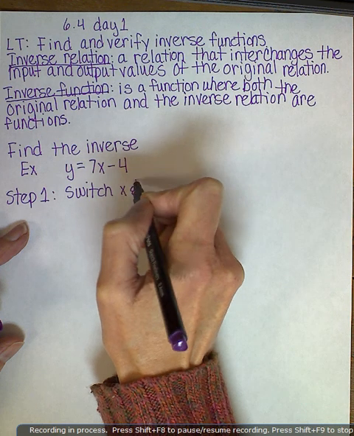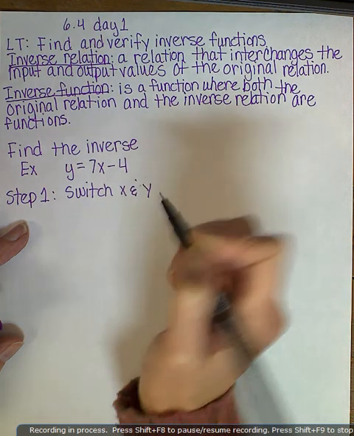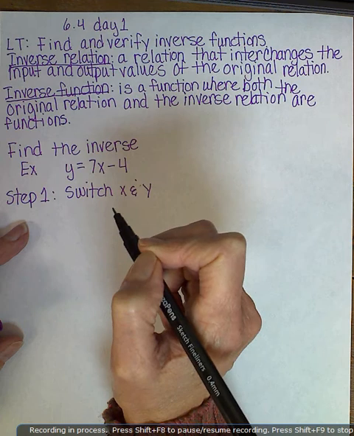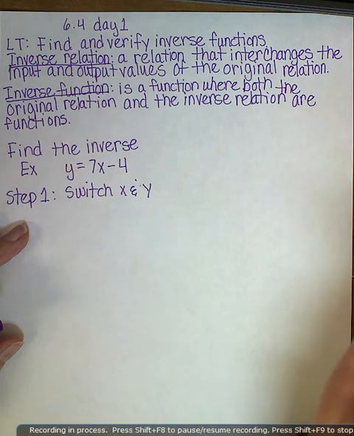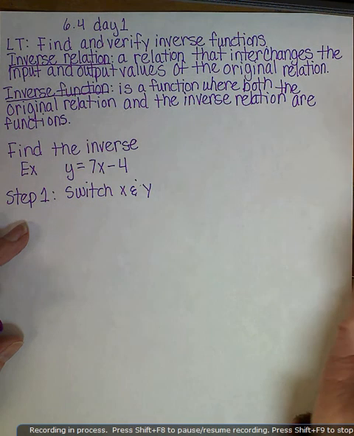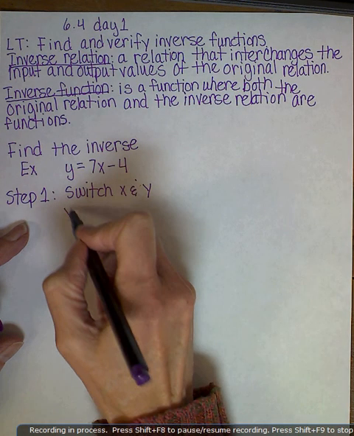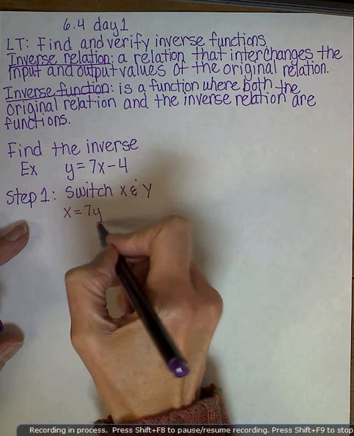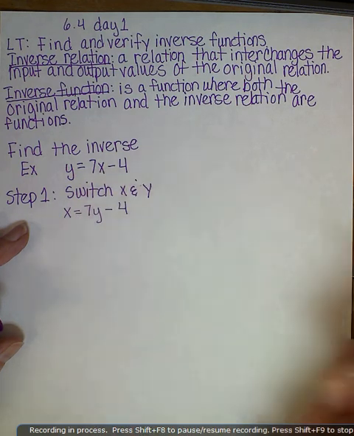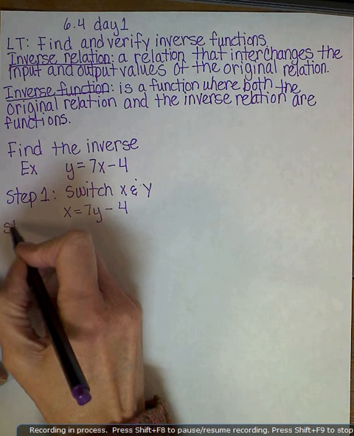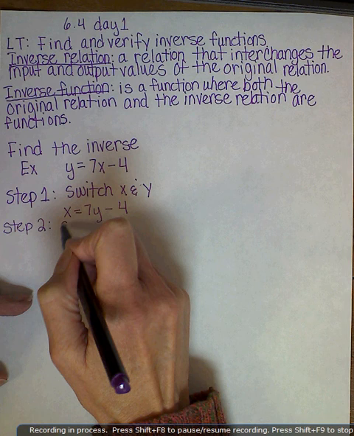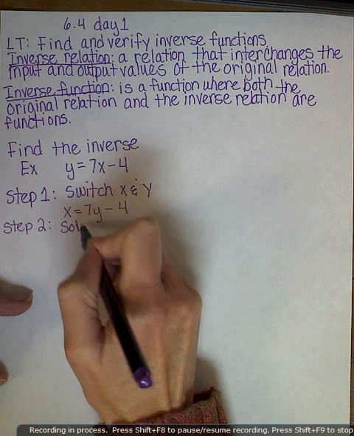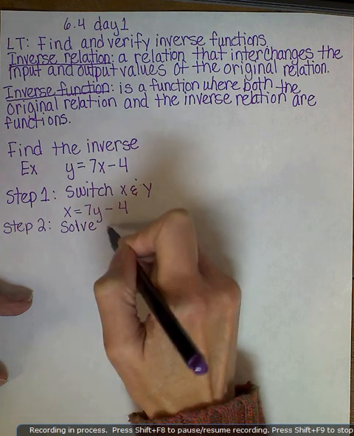And the reason why you do this is because of the definition where it said an inverse relation is where the input and the output values are interchanged or switched. Okay, so we have a reason for doing this. So I switched the places for the x and the y. And then on the second step, you're going to solve for y. Solve that new equation for y.